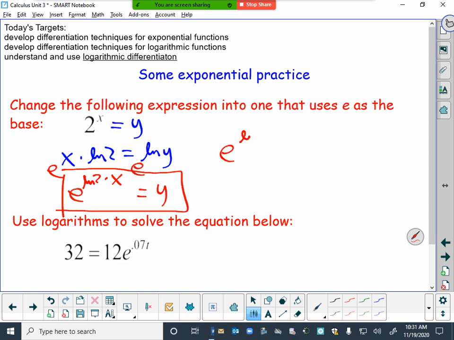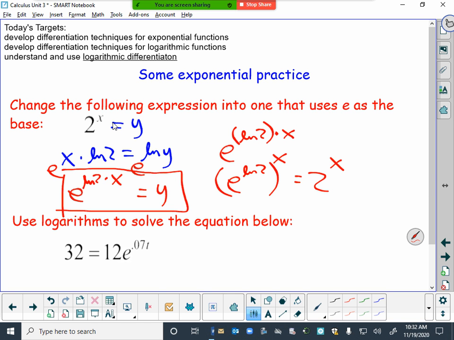If I'm looking at e to the natural log 2 times x, the x is not inside that natural log, right? The fact that these are multiplied together means that I could rewrite this as e to the natural log 2, all to the x. My power to a power rule says you multiply the powers, but e to the natural log 2 is just 2, so this is the same thing as 2 to the x.